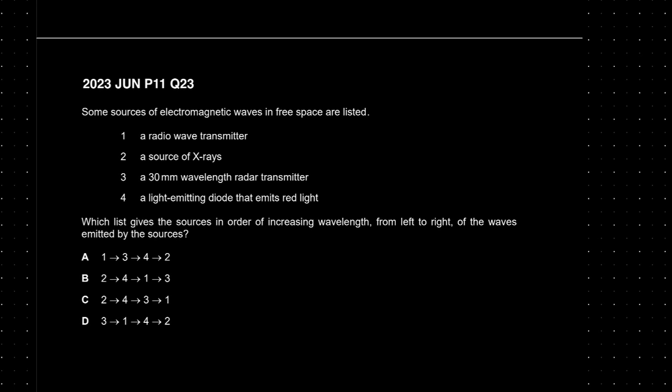Some sources of EM waves in free space are listed: a radio wave transmitter, a source of X-rays, a 30 mm wavelength radar transmitter, and an LED that emits red light. So this is basically visible light. By the way, the radar transmitter is really a 30 mm wavelength.